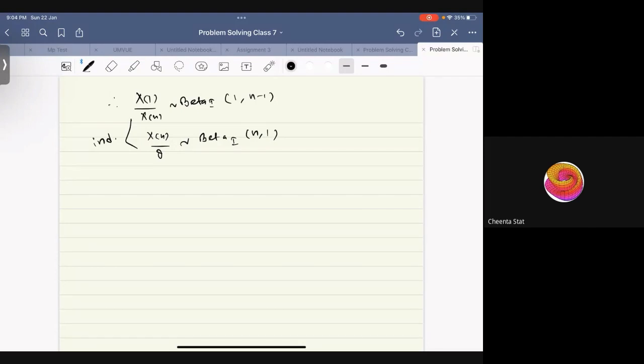Also they are ancillary, that's why they're independent. Now the concept is that x order n is complete and x order 1 by x order n is ancillary, so that's why they're independent. So by Basu's theorem, you can say the independence. By the distribution theory, you can say the independence. Got it everyone?